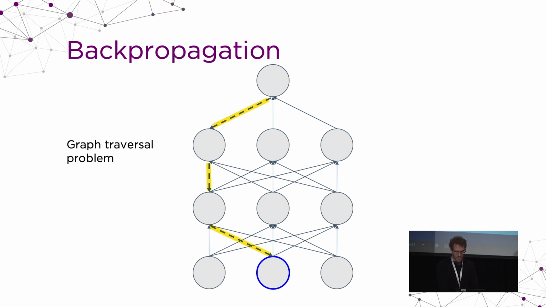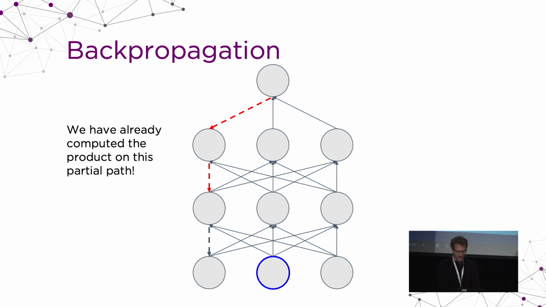I must go over all the paths from this node to this node. And so I can compute the intermediate result on this edge, and then I do the product of these three values. And if we look carefully, after computing the gradient with respect to this node, then I will compute the gradient with this node. But the values associated with these two nodes have already been computed before.